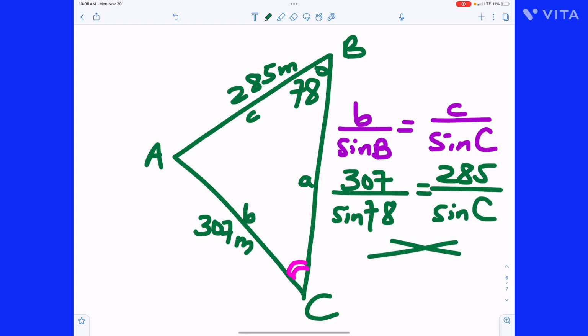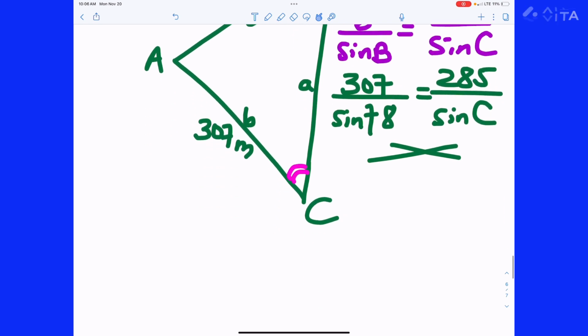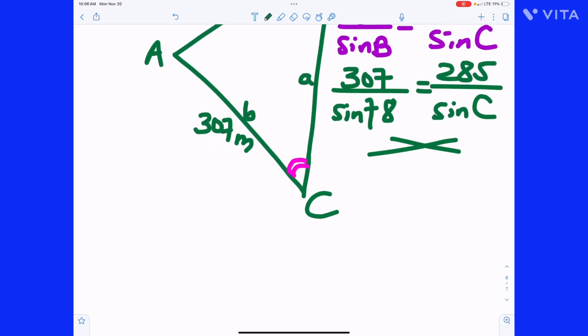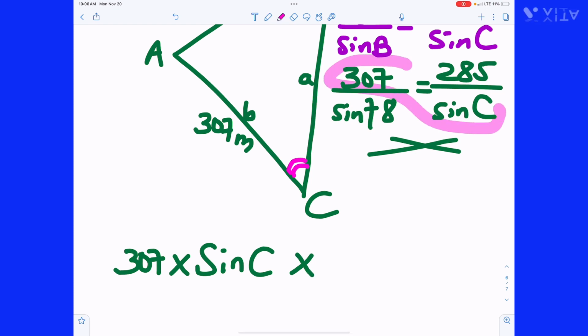So I'll cross multiply. When I cross multiply, I'm going to get 307 times sine C. I think I should write my multiplication sign here so it doesn't confuse you. 307 times sine C is equal to 285 times sine 78.